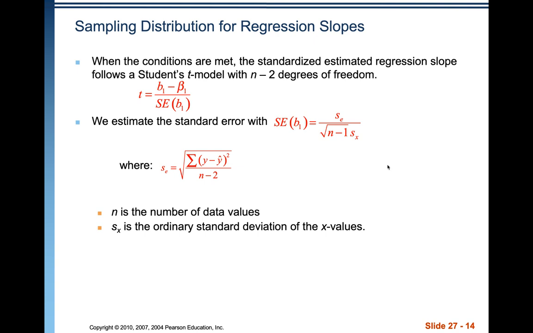And the standard error of b1 is that formula you'll probably never actually have to calculate by hand, but it is the standard deviation of the residuals divided by the square root of n minus 1 times the standard deviation of x. And the standard deviation of the residuals is equal to the square root of the sum of the squares of y minus y hat divided by n minus 2.